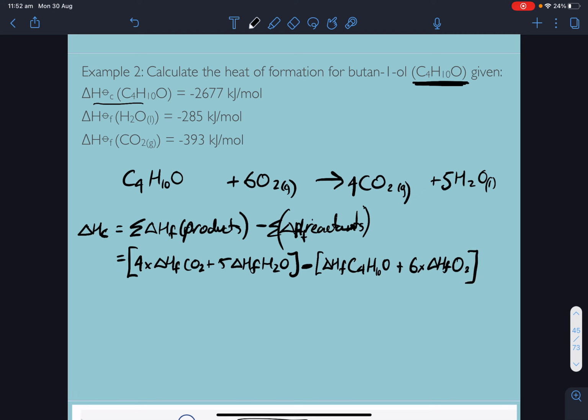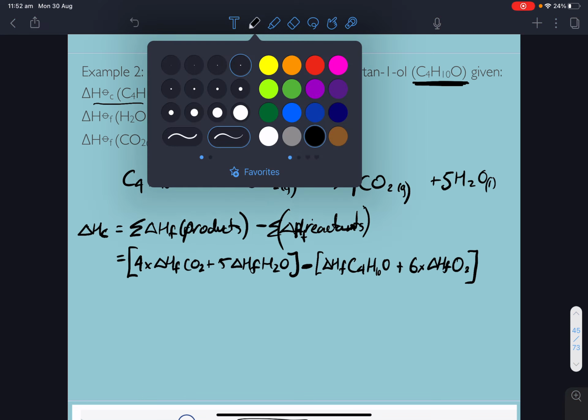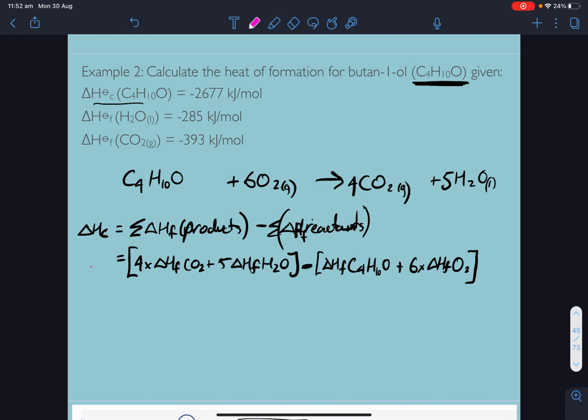Okay. The question is asking, we've got this value, we've got that value, we've got that value. It's asking for that value. Now, it hasn't given us that value because the heat of formation of oxygen, it's already as it's found in its natural state, so that cancels out to be 0. Okay?